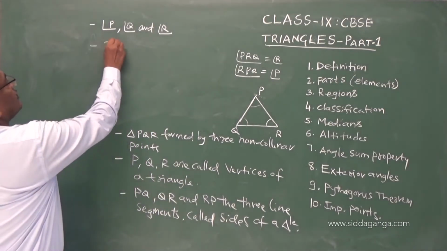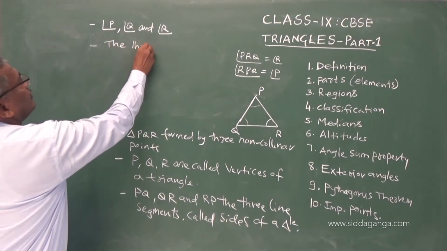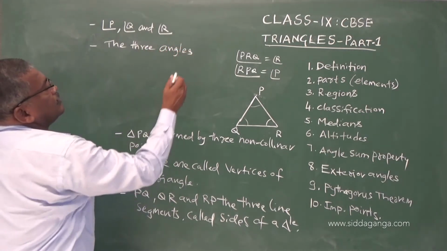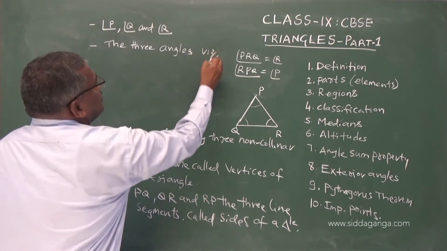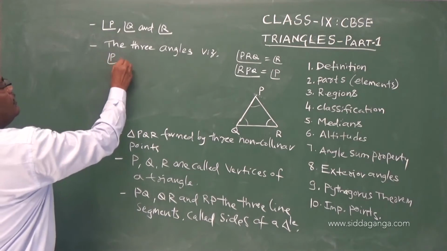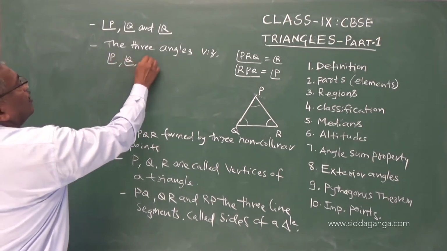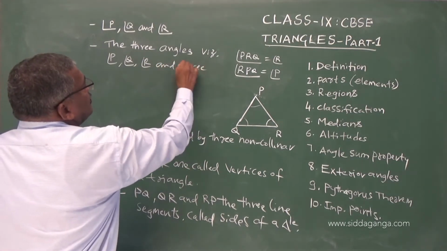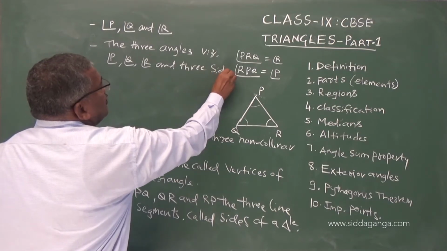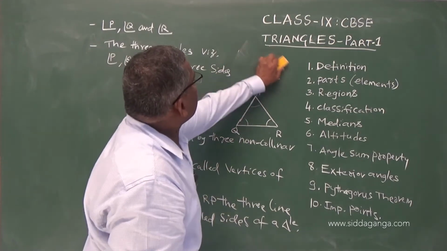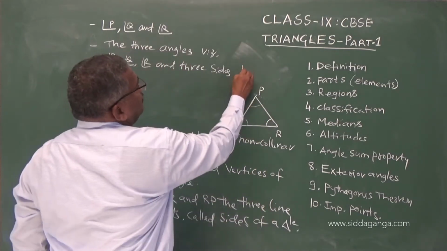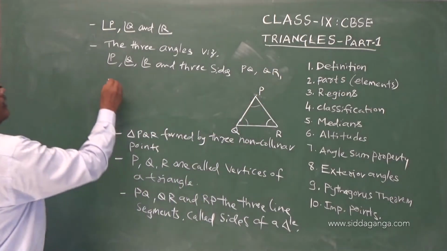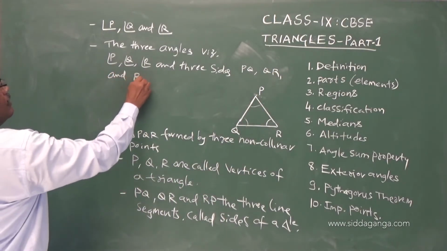So in this figure, the three angles P, Q, R and three sides: PQ is one side, QR is another side, and RP is another side.